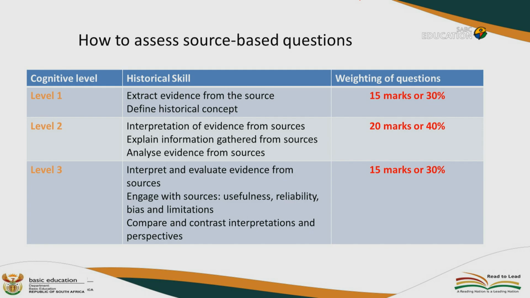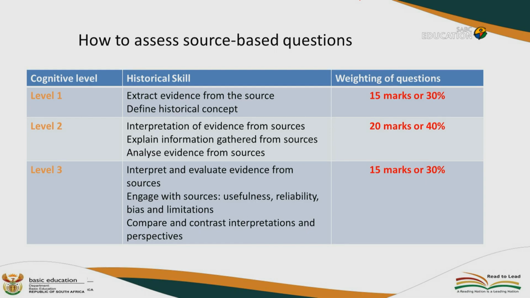We've got a level 1 question that consists of extraction of evidence from a source or definition of a historical concept. This level 1 question is the base that would make you start collecting marks as far as sources are concerned. This carries about 15 marks in the question paper.